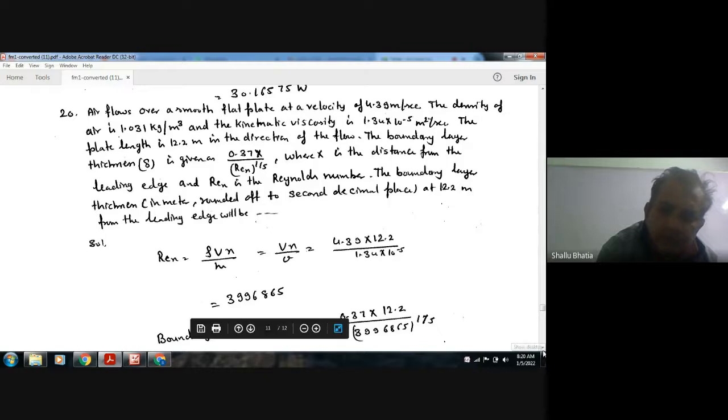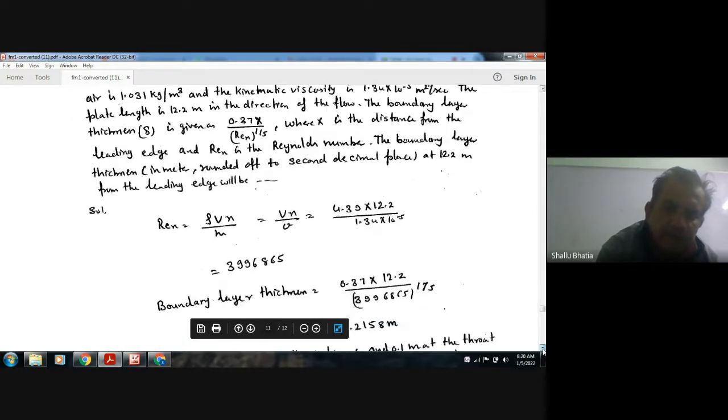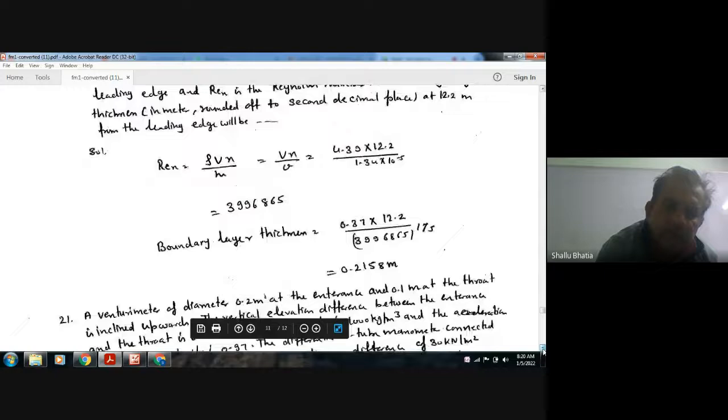So we can calculate the boundary layer thickness, and the answer is 0.2158.